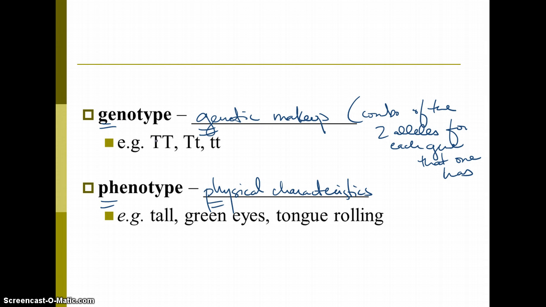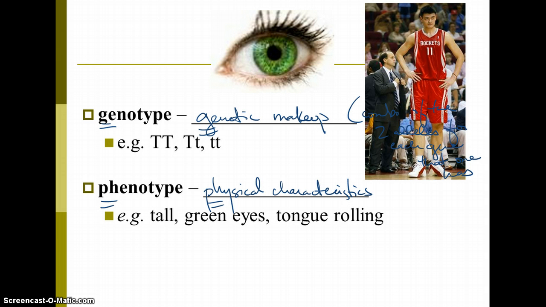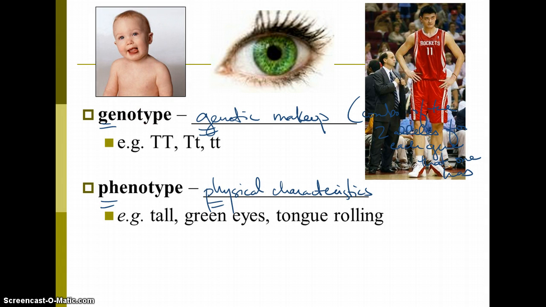So let's say big T codes for tall. So we would use T to represent tall, but actually the organism looks tall. That's the phenotype. Okay? So here's an example. I mean, this is an oversimplification. Or having green eyes, or being able to roll your tongue.